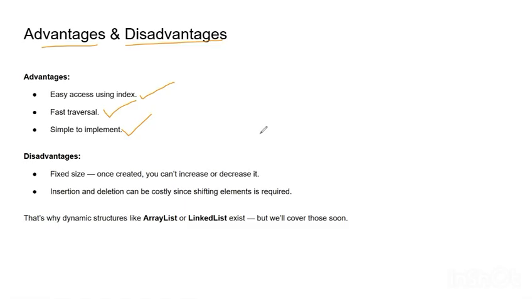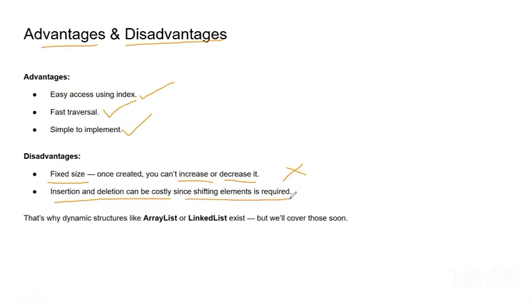But what are the cons? The demerit of an array is fixed size. If you declare an array of size 5, later in future, if you want to expand the size, or otherwise, if you want to shrink the size of an array, that is not possible. So you can neither increase nor decrease the size of an array. So it is fixed size. And insertion and deletion can be costly since shifting elements is required.